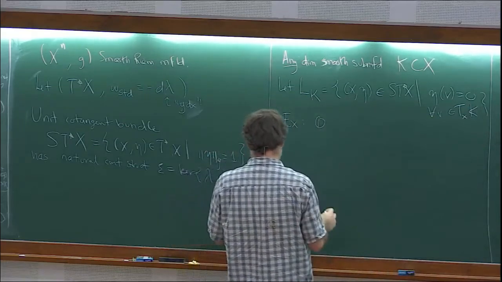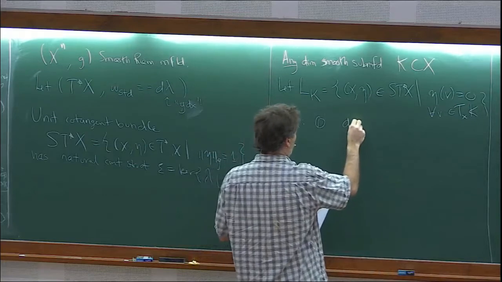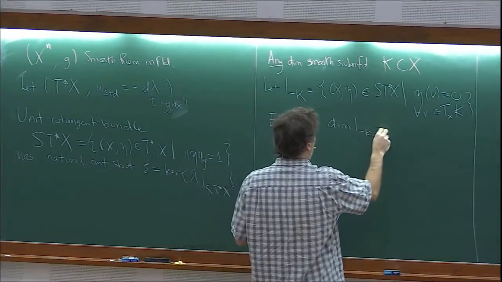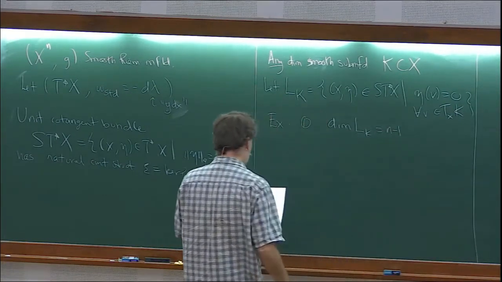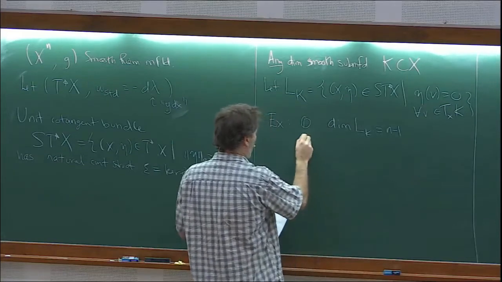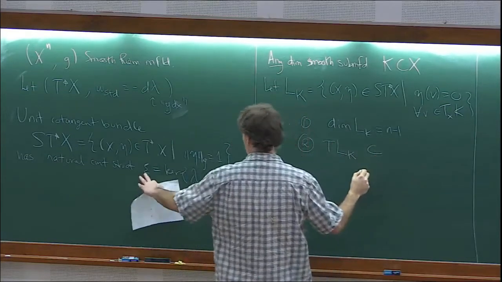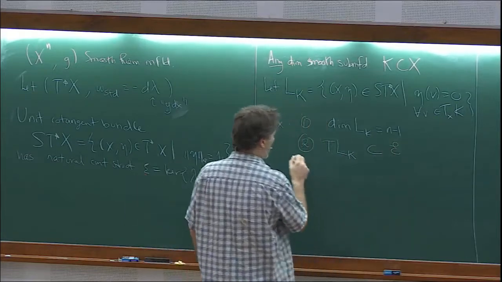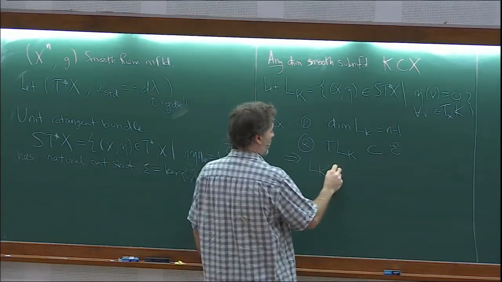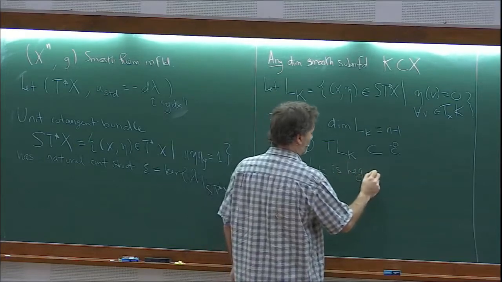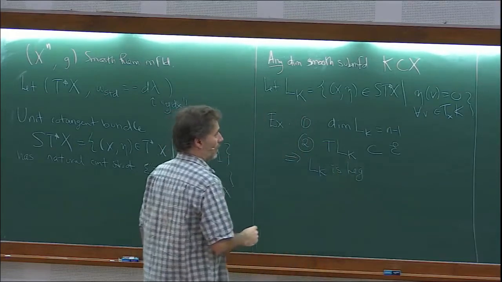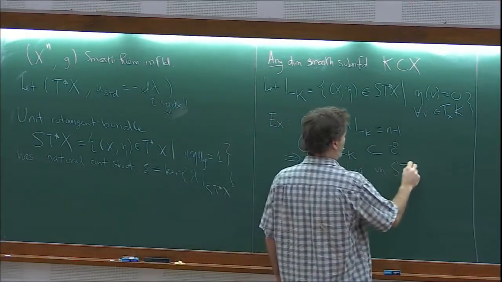First of all, the dimension of LK is n minus 1. And second, the tangent space of LK is inside this contact distribution. So therefore, LK is Legendrian in the unit cotangent bundle.